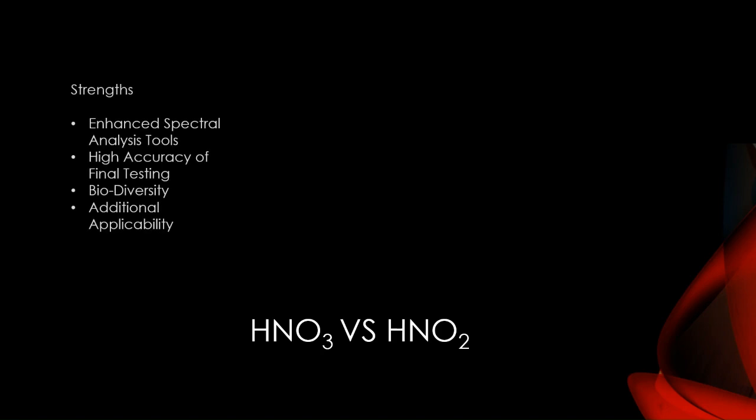So, what are the strengths and weaknesses as I see them for this study that the team did? So for strengths, the use of the enhanced spectral analysis tools like HCA, PCA, and DA is what allowed this study to actually take off and prove their theory that they could identify plants from different regions based on this data.